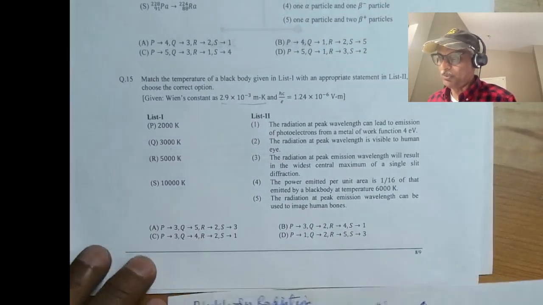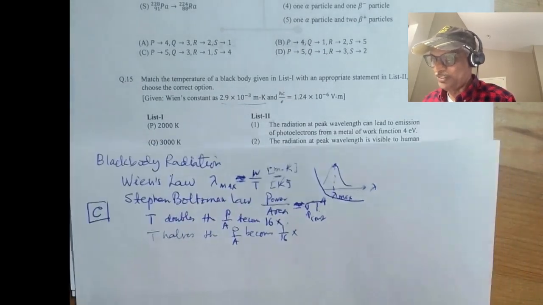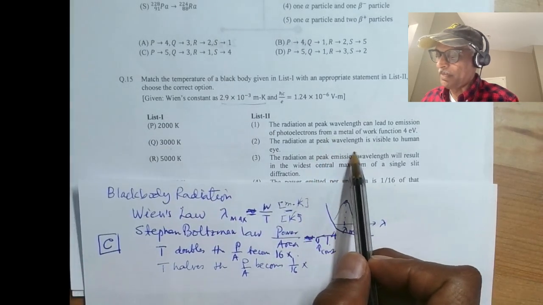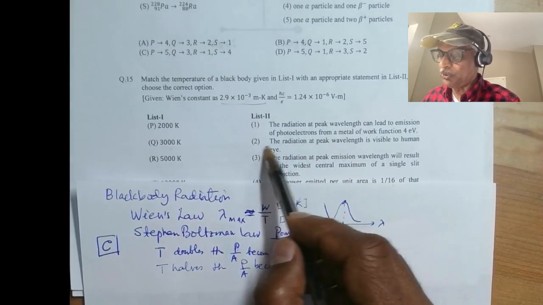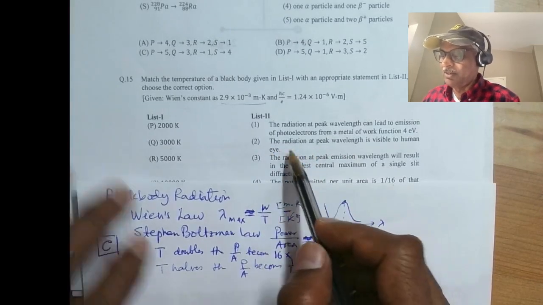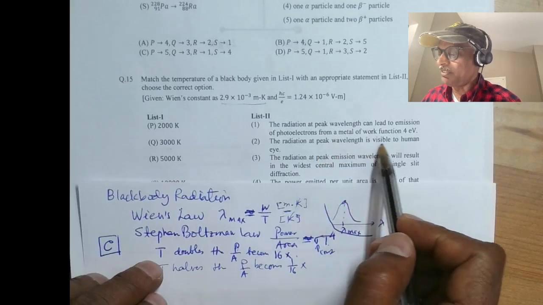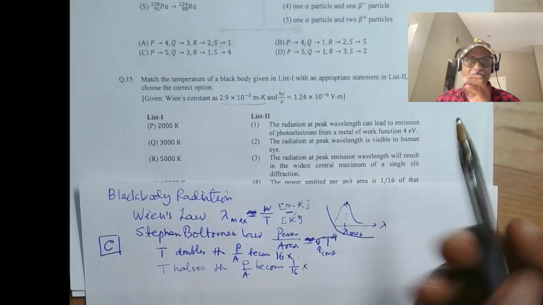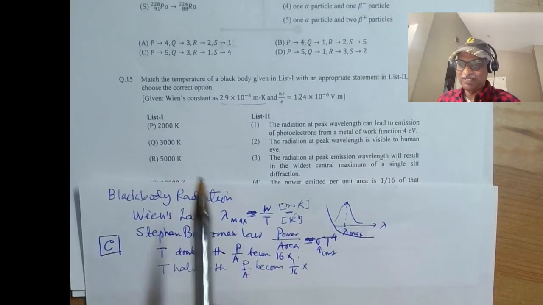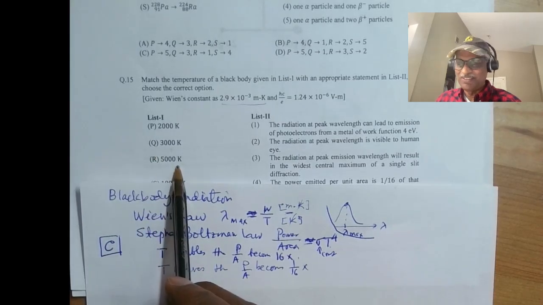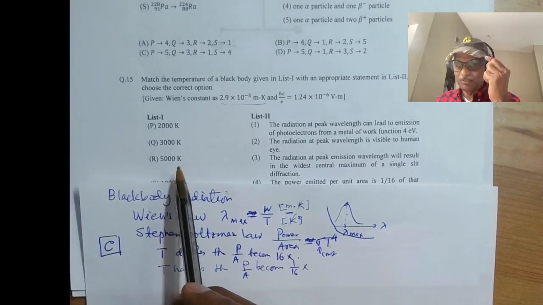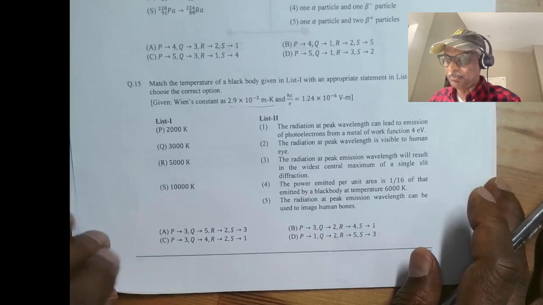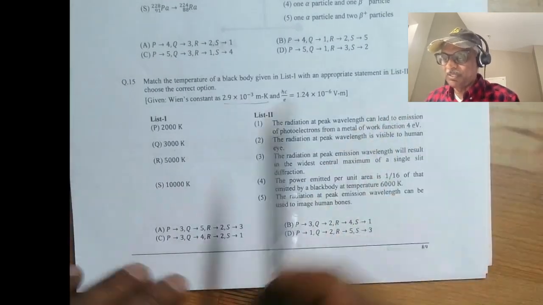Now if you wanted to do more than that, you can. Possibility 2 is another easy answer: the radiation at peak wavelength is visible to the human eye. If you know that the surface temperature of the sun is around 5,000 K, and that its peak is in the visible region, you don't even have to work it out to know the answer.